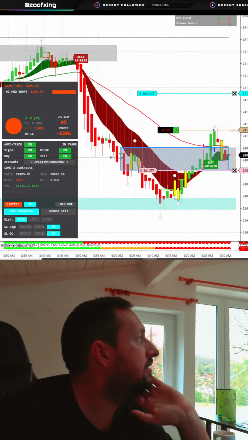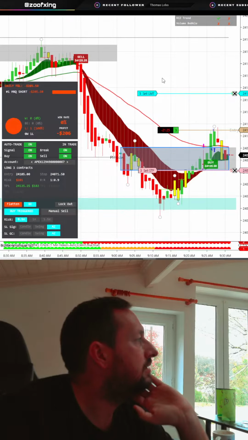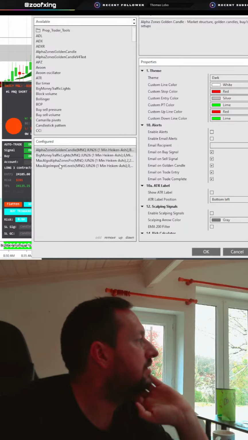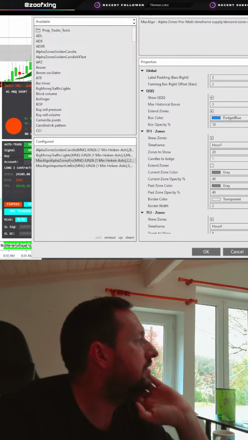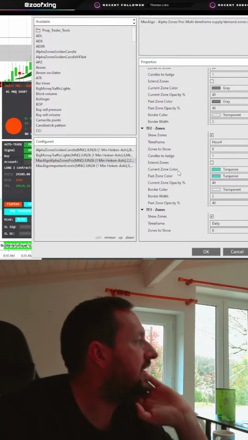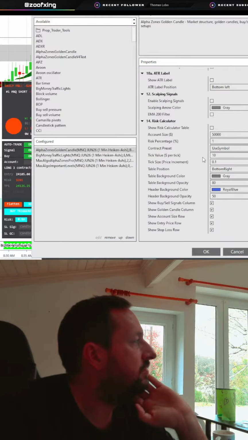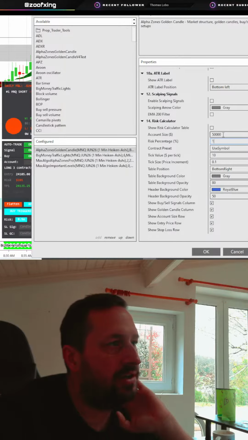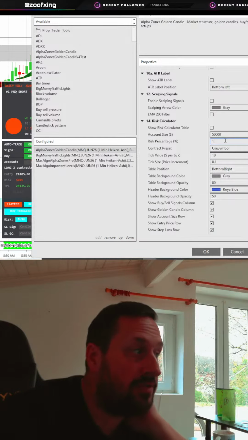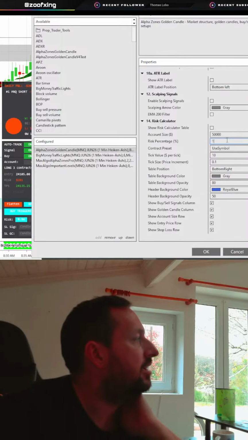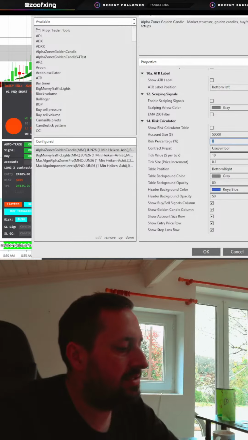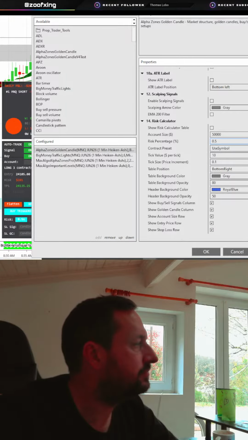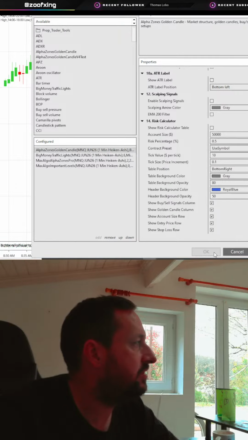In Pro, if you go down to your risk calculator, which is here, you can see I'm set to 1% of 50,000, so I'm risking 500. I could lower that to 0.5, right? And then that's my base figure. So that's 250 a trade.